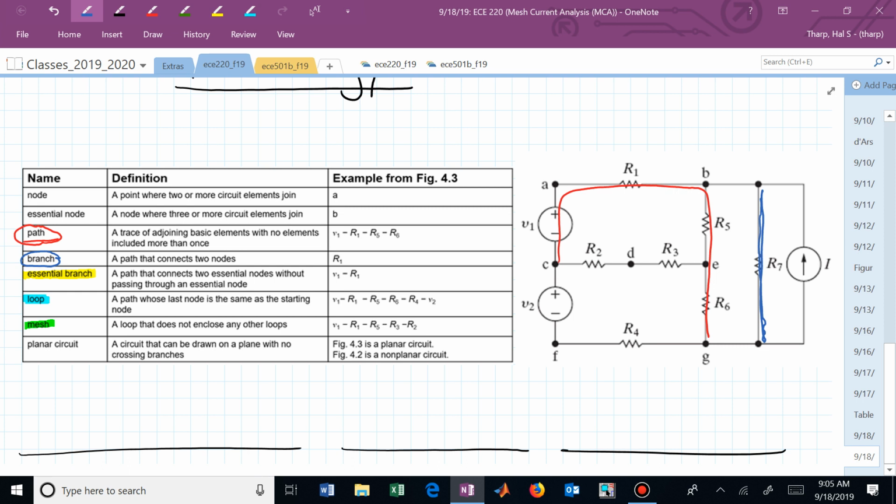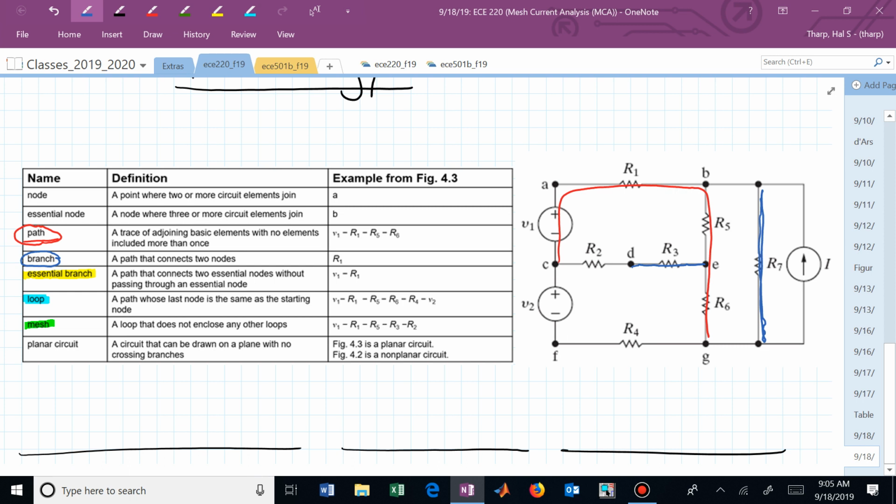Then they make the distinction between a branch and an essential branch. A branch could connect these two nodes, D and E. But D is not an essential node. An essential branch connects essential nodes.